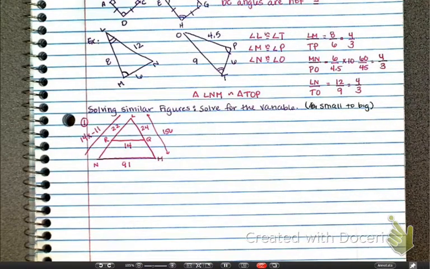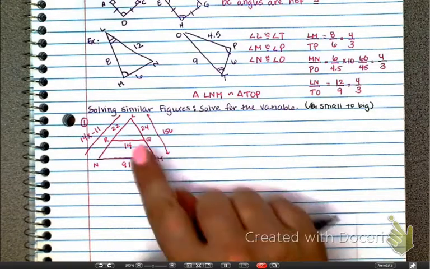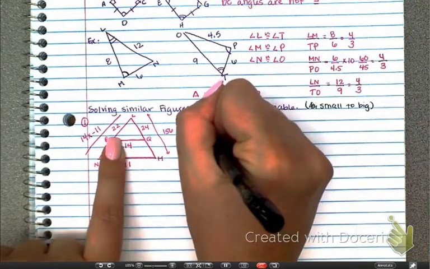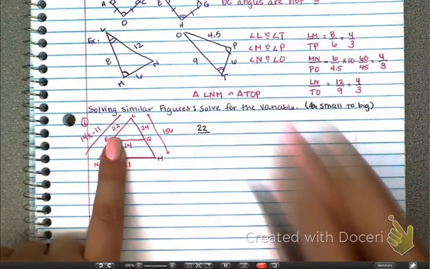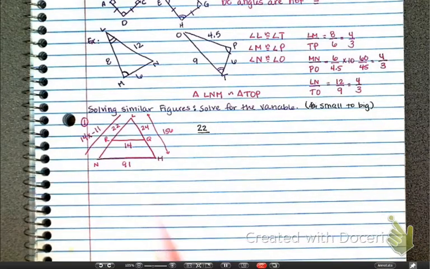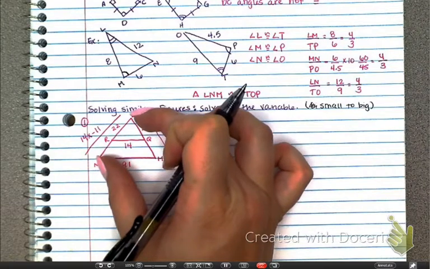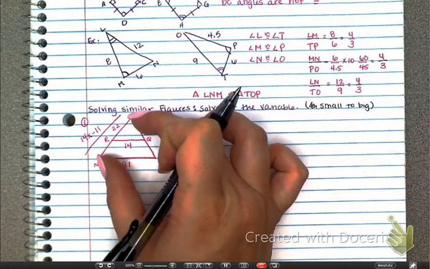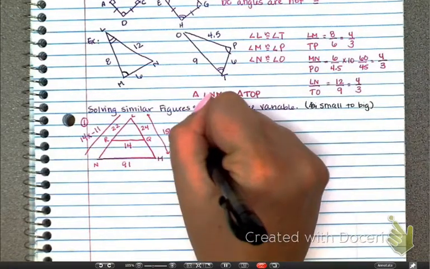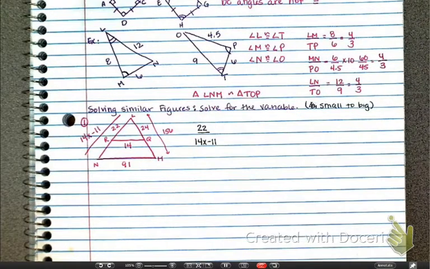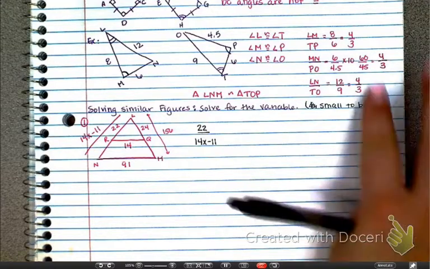Okay. So for this type of problem, let's start with 22 because that's my small. What would 22 be proportional to in the big triangle? So here's the small one. What would it be proportional to in the big triangle? 14x minus 11. Okay, if those triangles were separated, that's what we would compare if we were looking for scale factor.